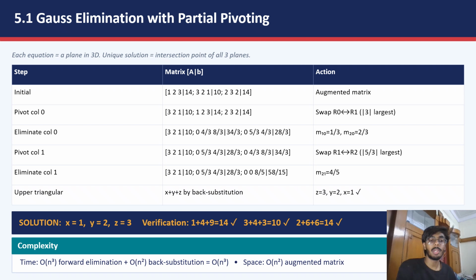After that, we will substitute the values and obtain the values of x, y, z respectively. The time complexity for Gauss elimination with partial pivoting is order of n cube. For forward elimination it is order of n cube, and for backward substitution order of n square. The space complexity is order of n square.